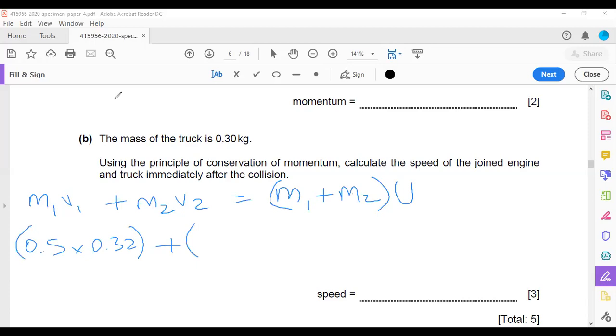The second one is the mass of the truck, which is M2. The stationary truck is 0.30 multiplied by what speed?